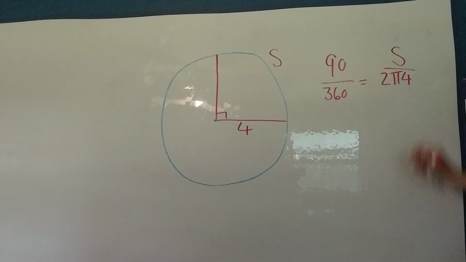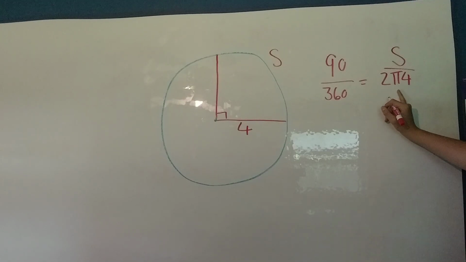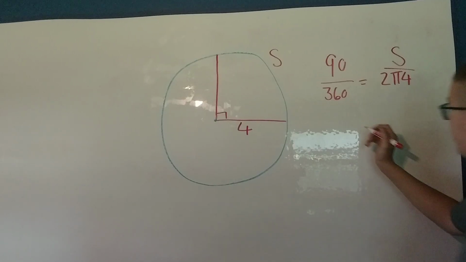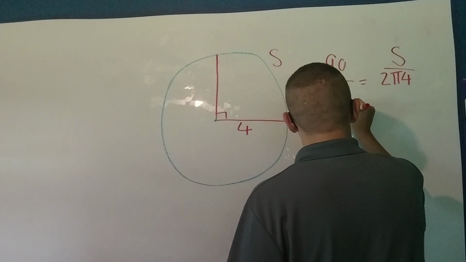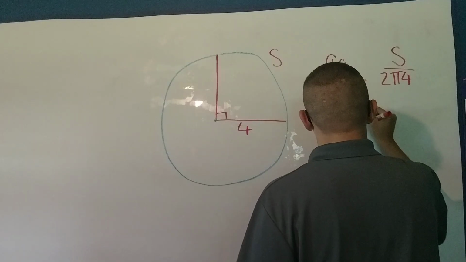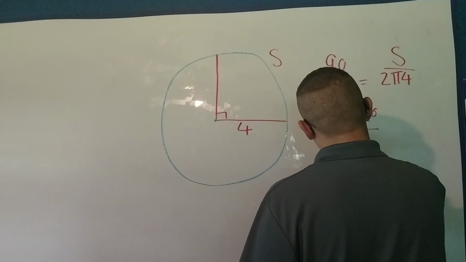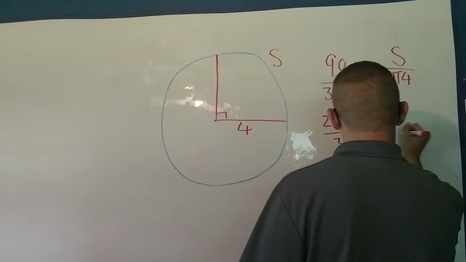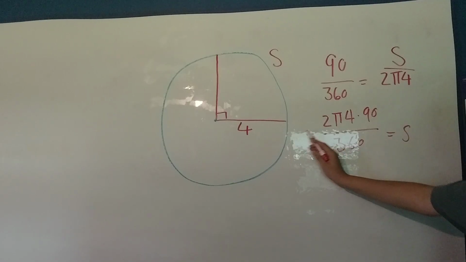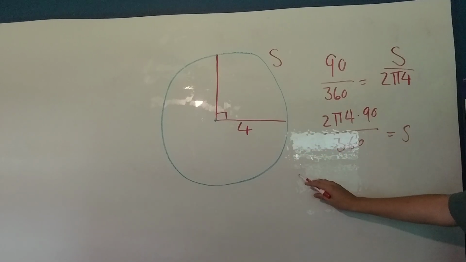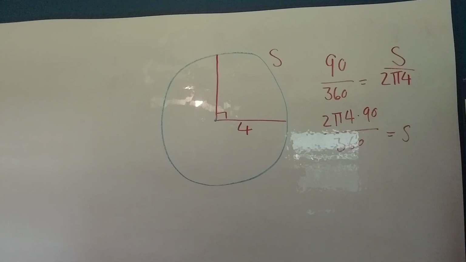And then we just solve this for S. First we can multiply by 2 pi times 4 to cancel it out. So we go 2 pi times 4 times 90 over 360 equals S. I skipped a step where we bring that over; it's multiplied in front, and then we can just put it over a 1 and multiply it in.